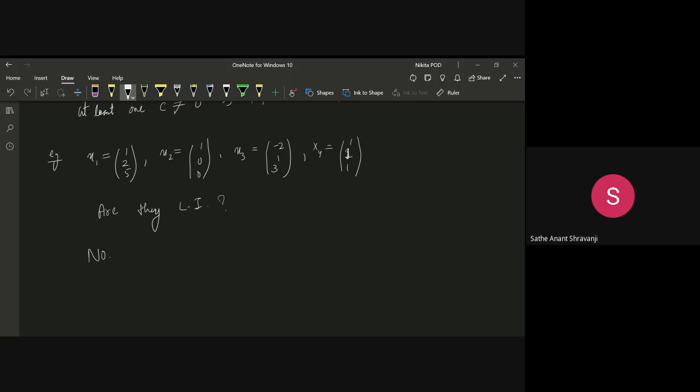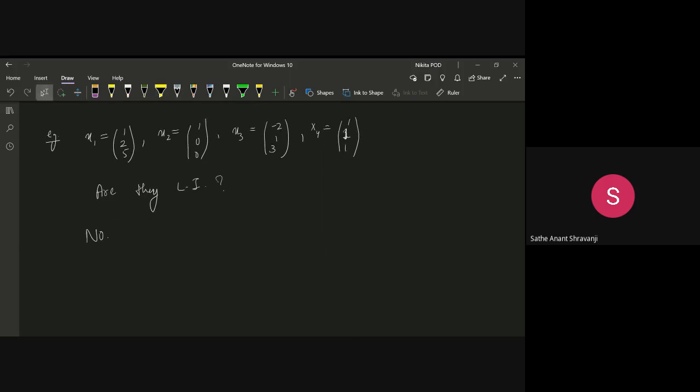Because here the number of unknowns is greater than the number of rows. Here n is greater than m, right?